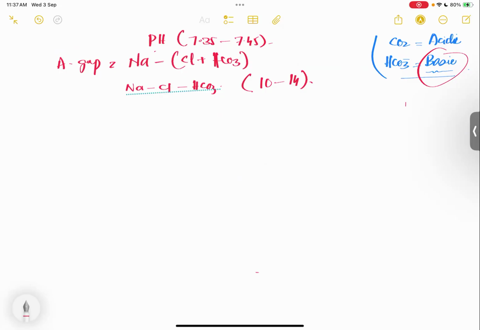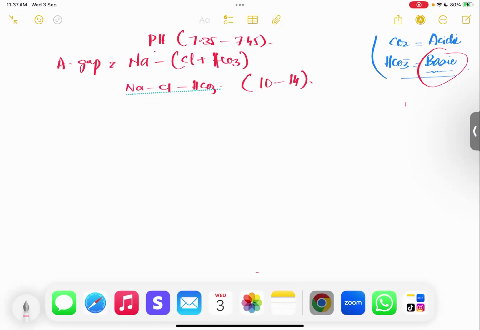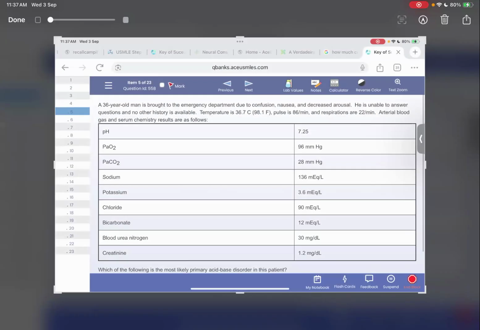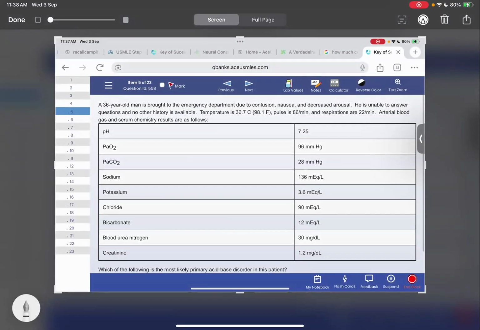In the question, we will discuss it more. Don't worry. In the question, what do we have? First thing you need to look into is pH. We have acidosis.